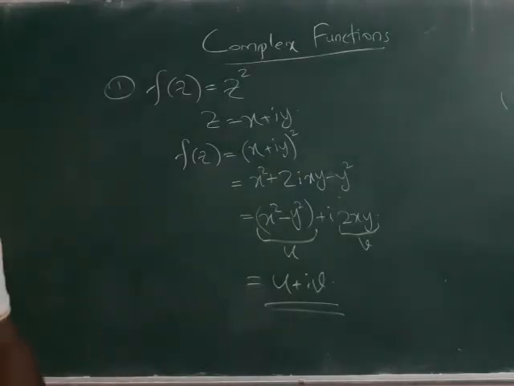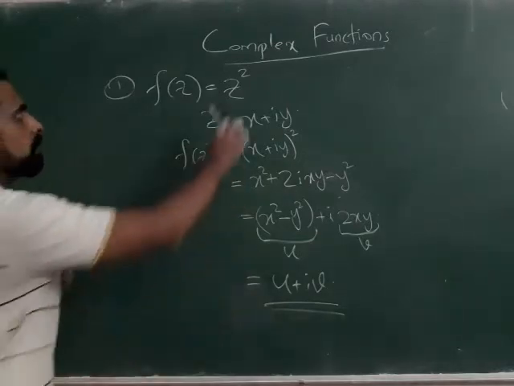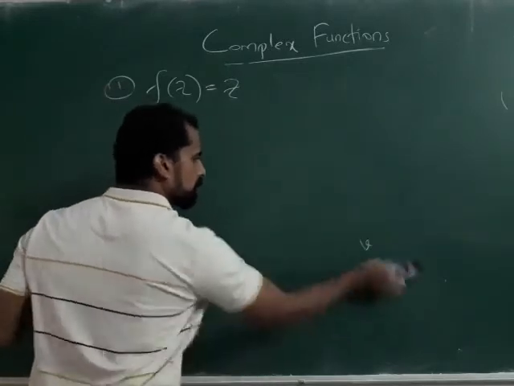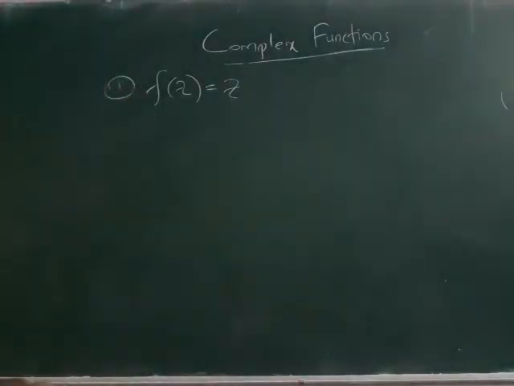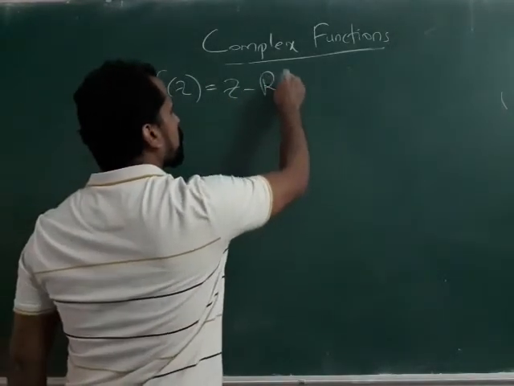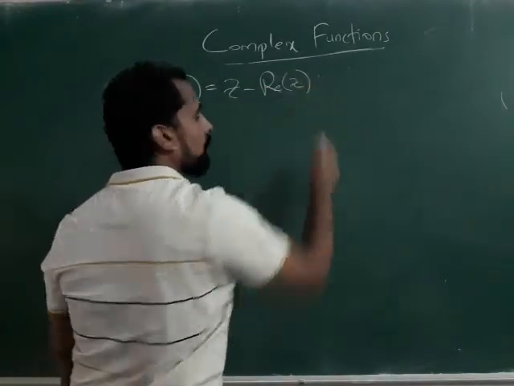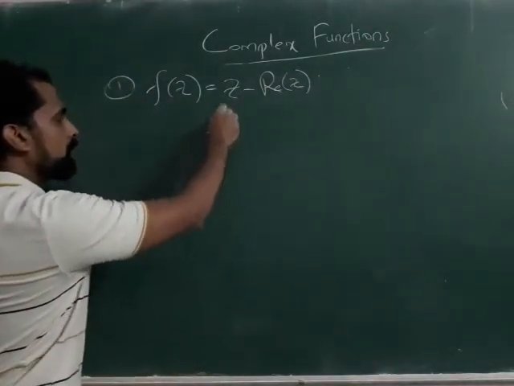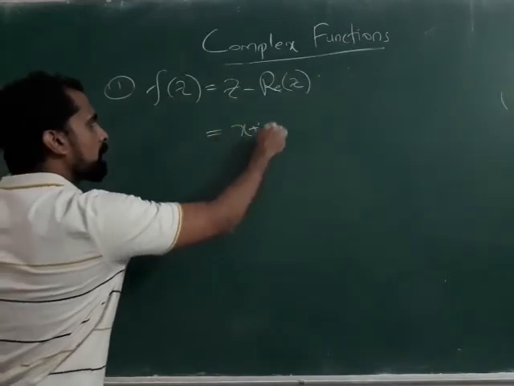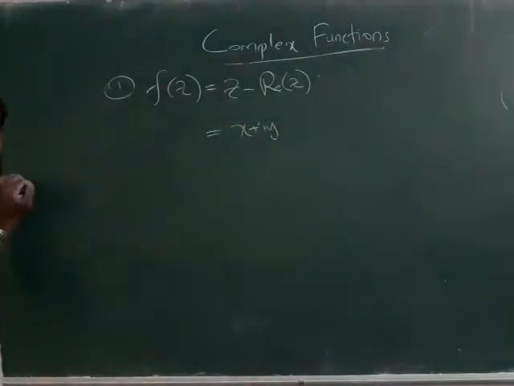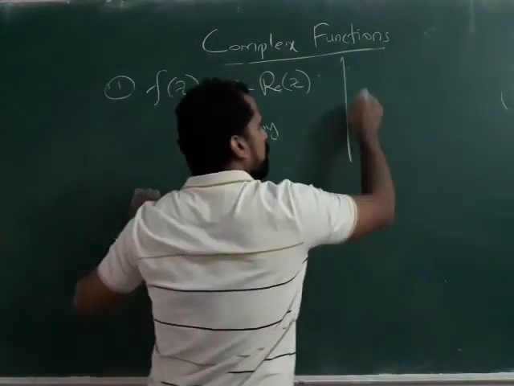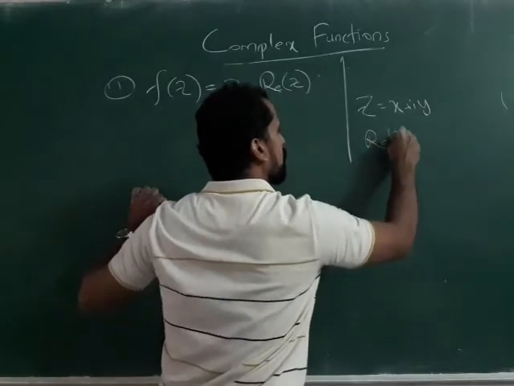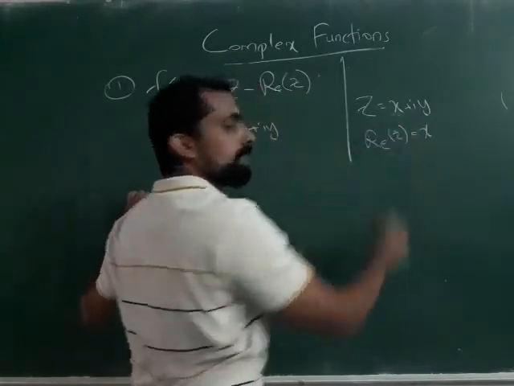Now we will go to another example. Take z minus 2 real z. What about this? Here you know z is equal to x plus iy, and real z is nothing but x, your real part.